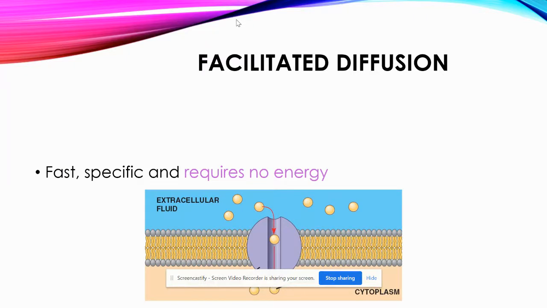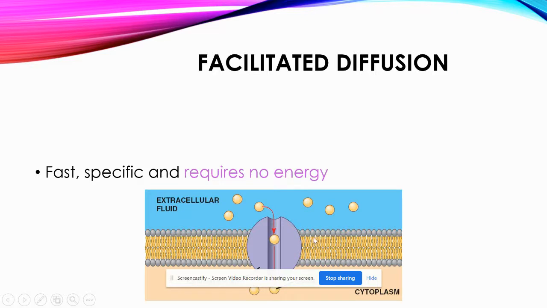Now, facilitated diffusion. Facilitated diffusion is for things that are bigger, like sugars or ions, things like that need to get into the cell. It is facilitated because it needs a protein channel. In this diagram, that's what the purple thing is. And imagine the yellow balls are maybe glucose or some sugar that need to get inside the cell.